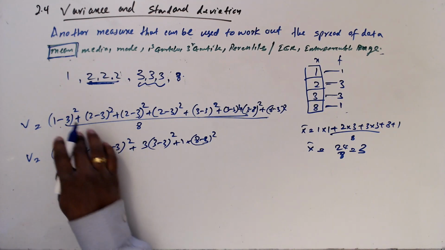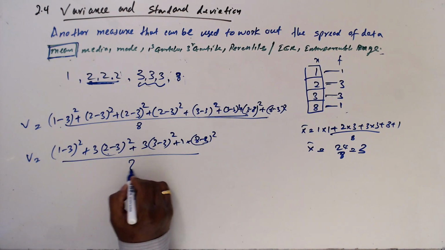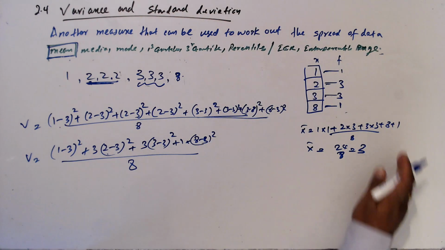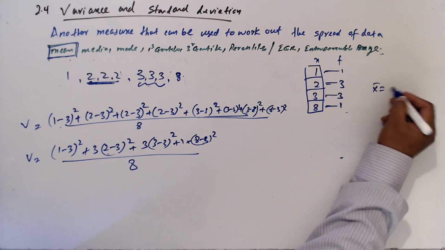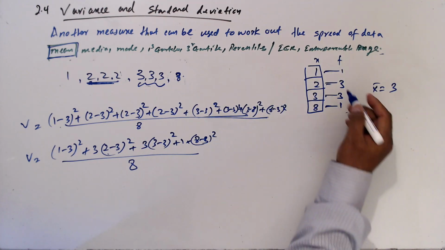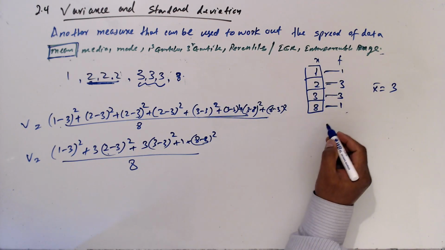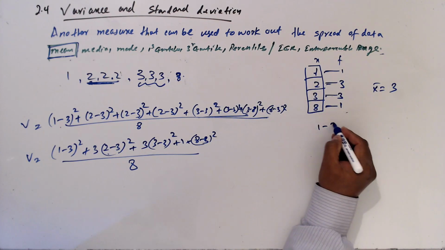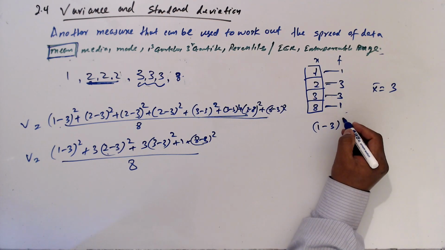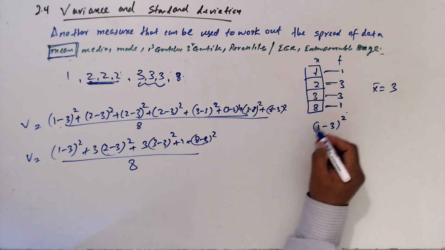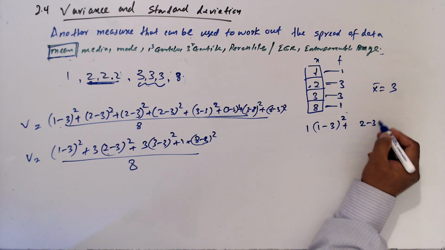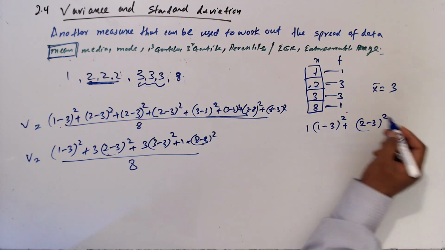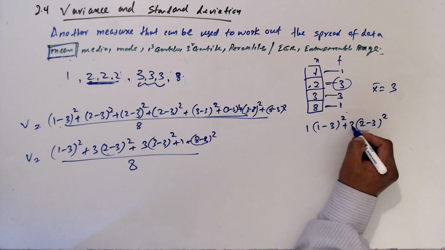So instead of writing like this, we can divide by 8. Now we know x bar is 3, and we have the frequencies. So 1 minus 3 square, how many frequencies? 1. Then take 2, 2 minus 3 square, how many frequencies? 3.